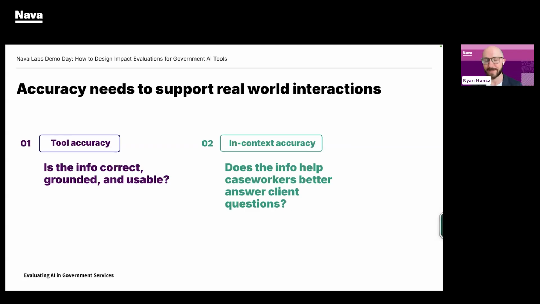Is it written at the reading level that we want it to be? Things like that. And then you combine the tool accuracy with the actual context accuracy. So when a caseworker is having a conversation with a client or a family, does the information they're getting actually help them respond to questions they're getting from clients in the real world?